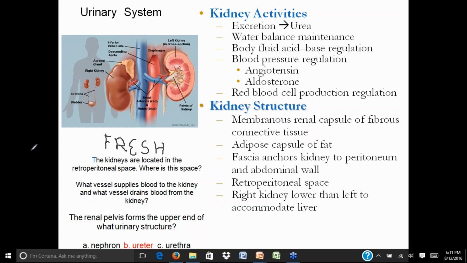What does it mean when we are talking about the functions of the kidney? F means filtration, R means reabsorption, E means elimination or excretion, S means secretion, and H means hormones. Those are all the functions of the kidney.